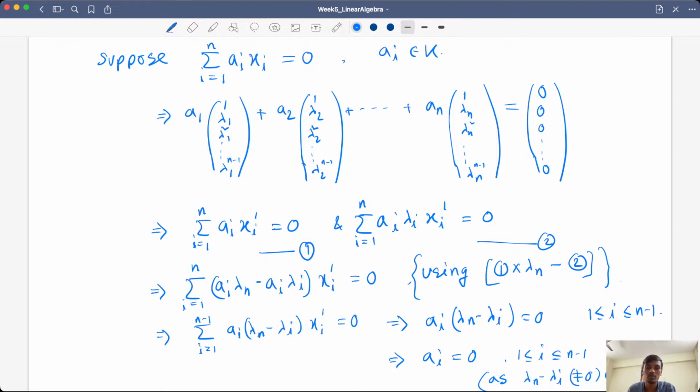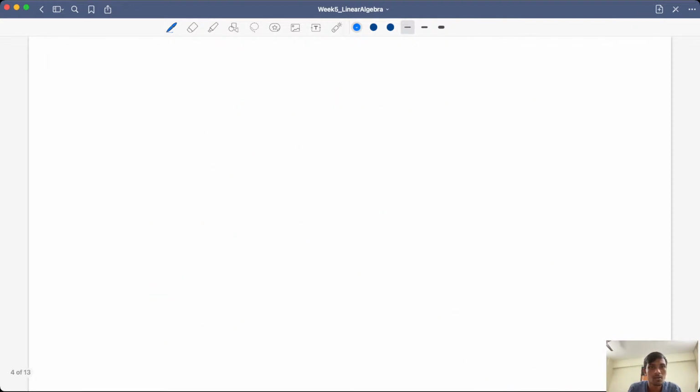So combining, a i equals 0 for 1 ≤ i ≤ n minus 1, and a n x n equals 0, that is a n equals 0.